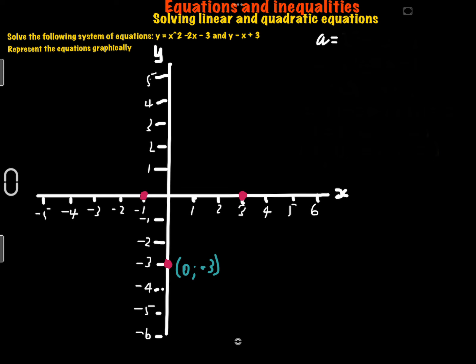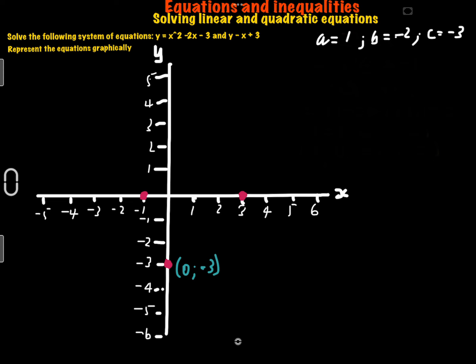I know that a = 1, and b of my quadratic equation is -2, and c is -3.